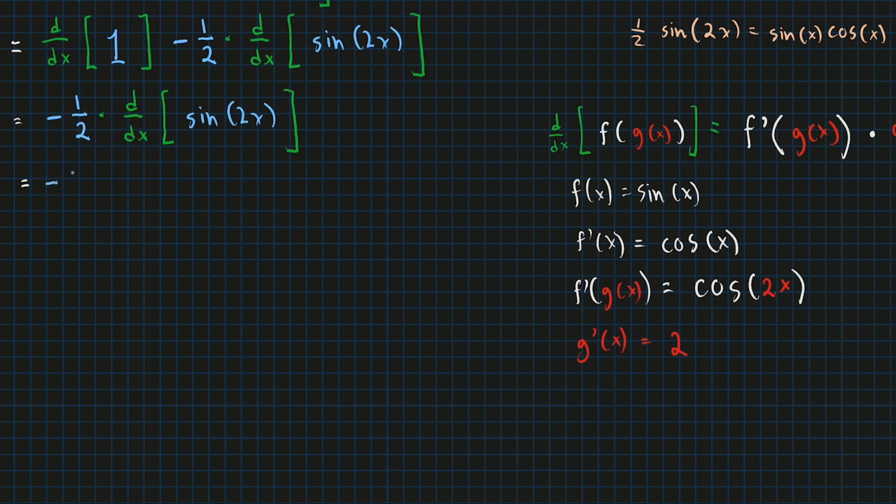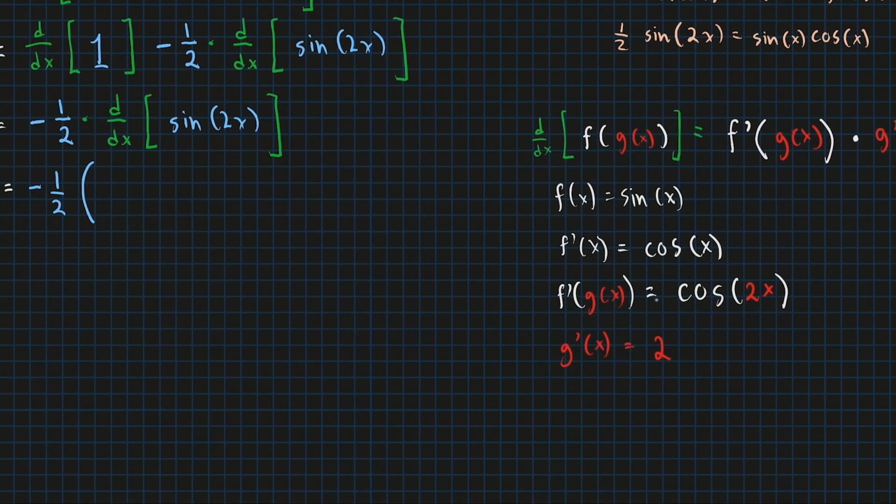So let's plug that in. So we still have our negative 1/2 out here. And in our brackets, we have to multiply these two things. So we've got 2, I'll put the 2 out front just because it's constant, times cosine of 2x.